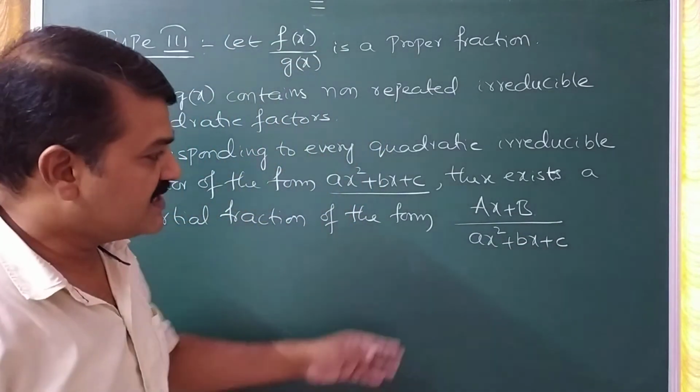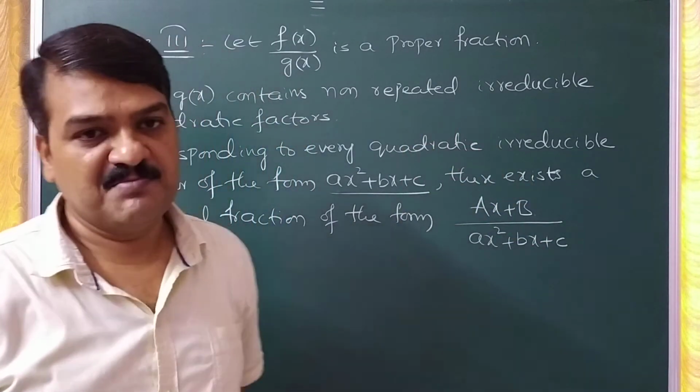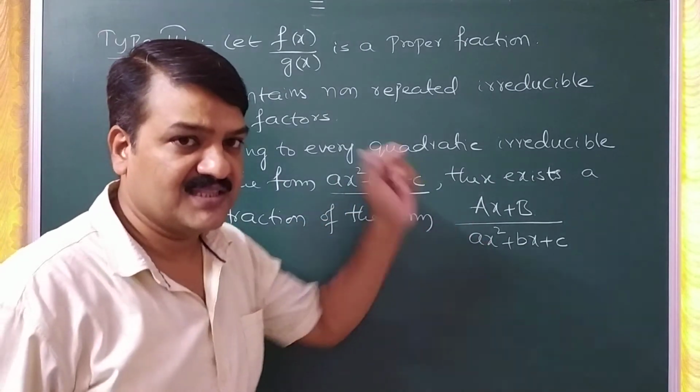Means the numerator must be taken as some linear polynomial of the form ax plus b. For every quadratic factor in the denominator like this, you will write the partial fraction like this.